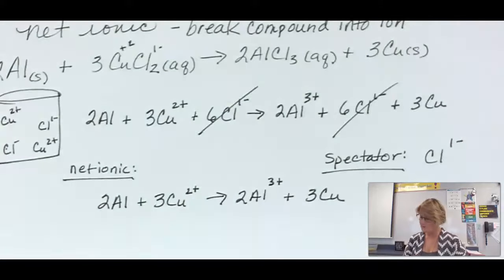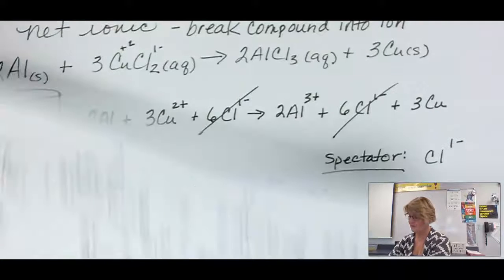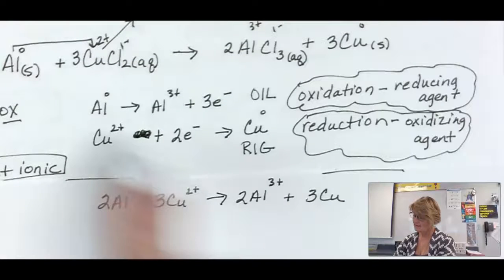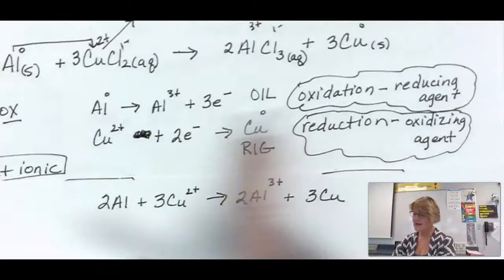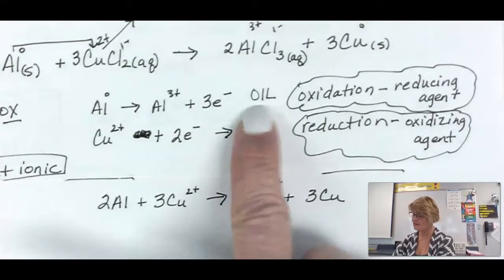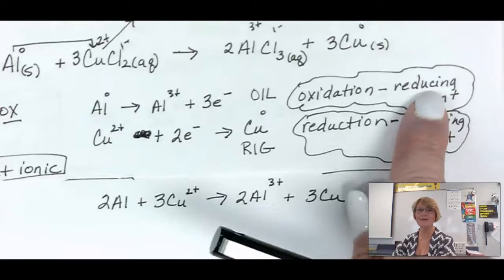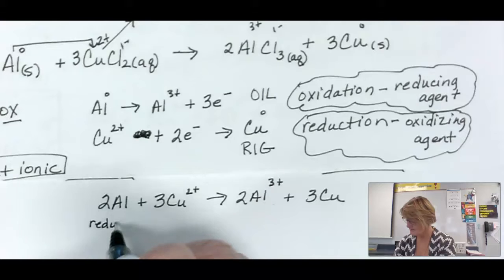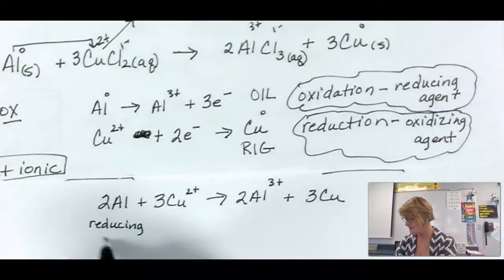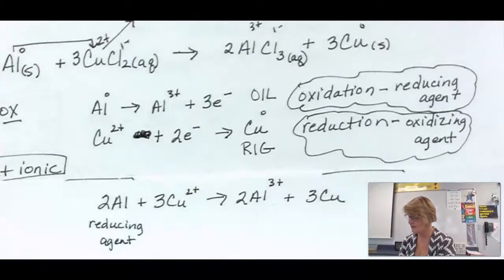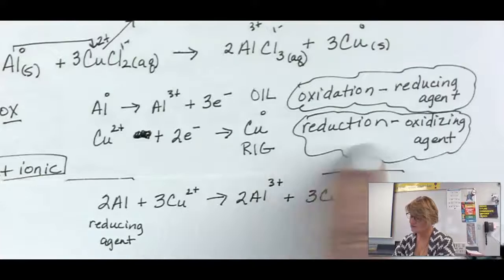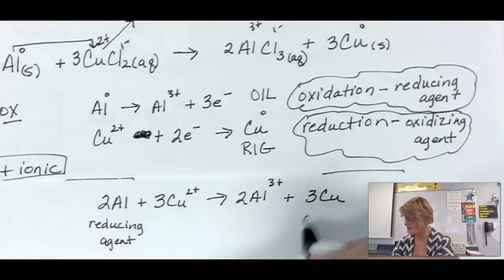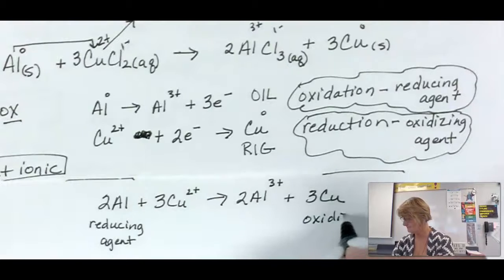Now, again, back to what we talked about earlier, we said that if it is the oxidation taking place, oxidation is a loss of electrons, then that becomes our reducing agent. So in this case, aluminum is our reducing agent. And if it is a reduction, which in this case we talked about was going to be the copper, this is our oxidizing agent.